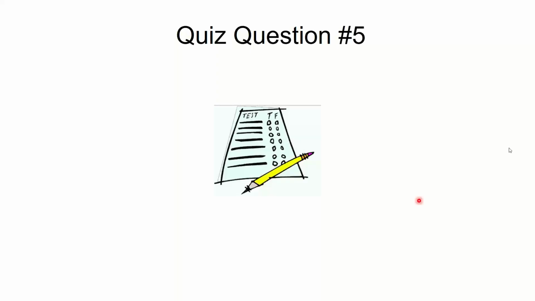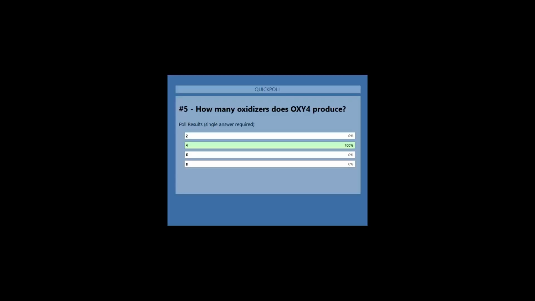All right, I'm going to close it in 5 seconds because most of you guys answered. 5, 4, 3, 2, 1. Okay, excellent. You guys all got it right. That hardly ever happens, right? And it's easy. It has a number 4 in the actual name of the product. So 4 oxidizers is correct.